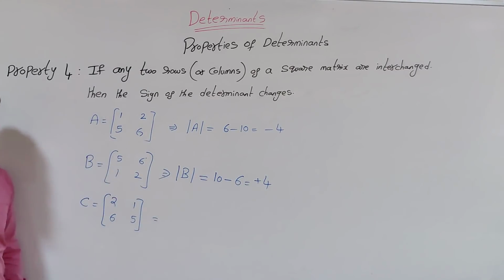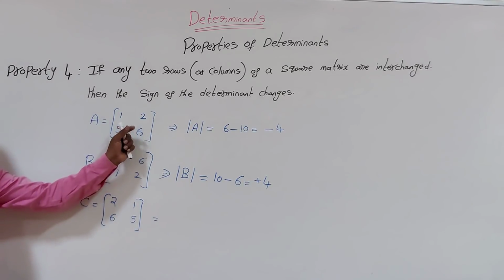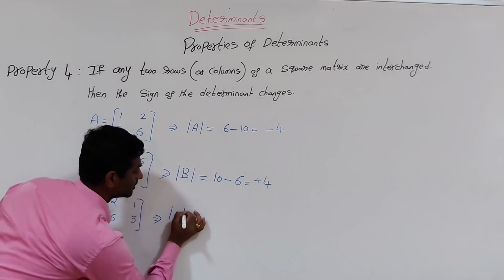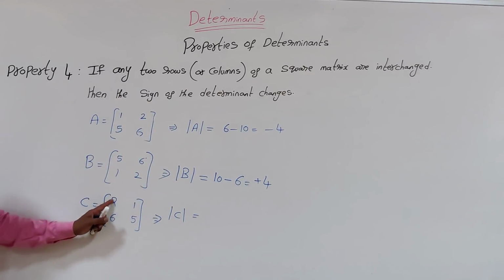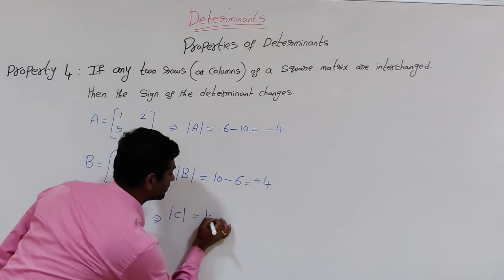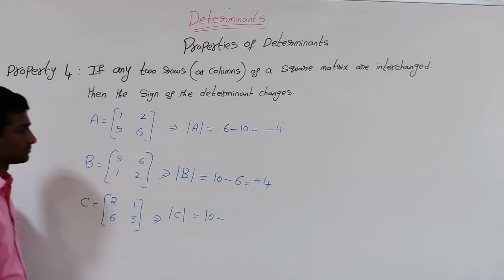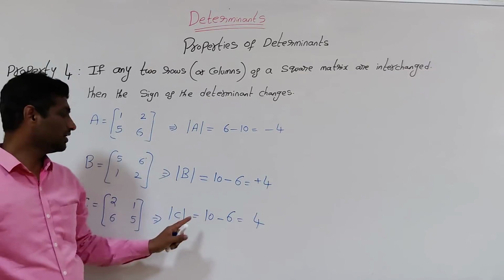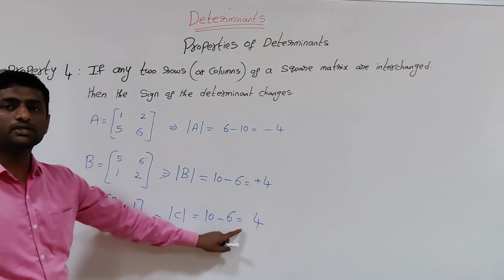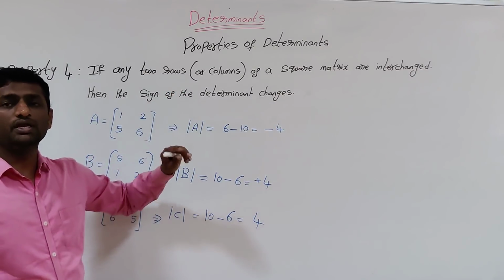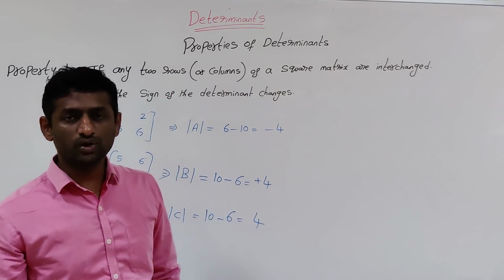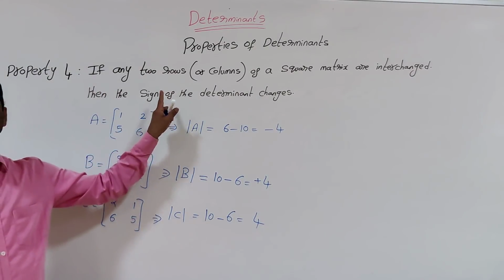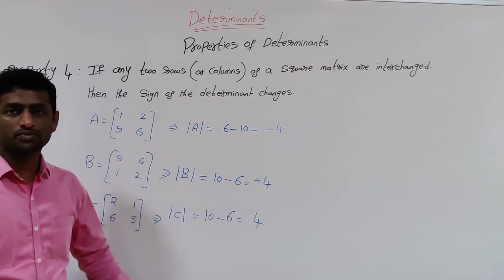Now we'll see the determinant of matrix C. Again, 2 into 5, then minus 6 into 1, which is 4. So if this is minus 4, then if we interchange the columns also, it becomes plus 4. So this is the property: if any two rows or two columns in a square matrix are interchanged, then the determinant changes by its sign only. Next property.